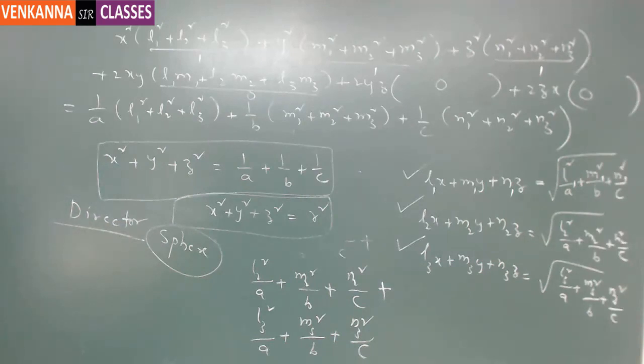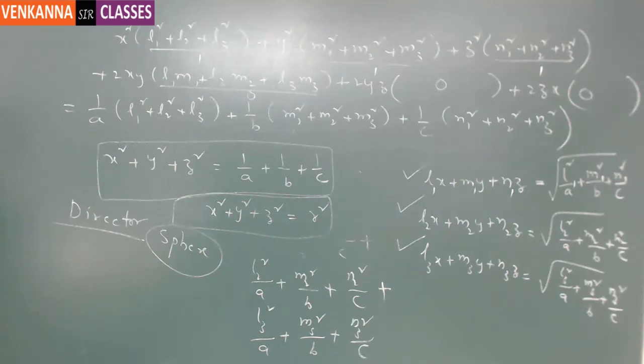So it has the center 0, 0, 0, nothing but the center of the conicoid, you say. And the radius is given by 1 by a plus 1 by b plus 1 by c, if you take it as r square.